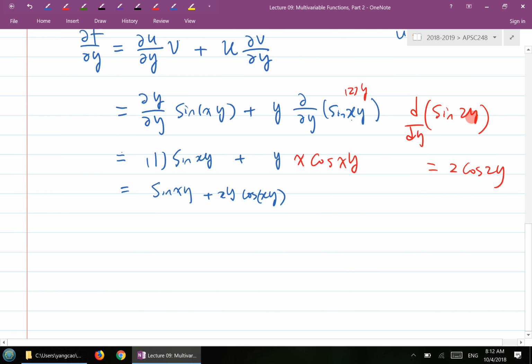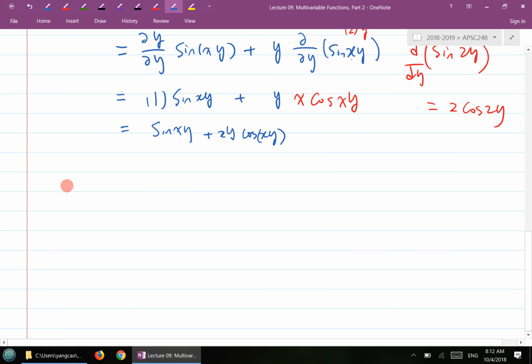Before I give you another example, let me go over a simple concept now. Just a simple question maybe: what does partial f over partial x, for example, at a certain point mean?